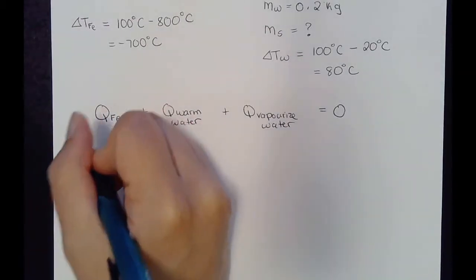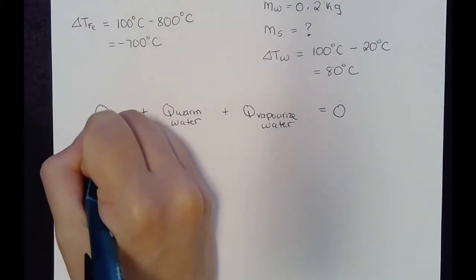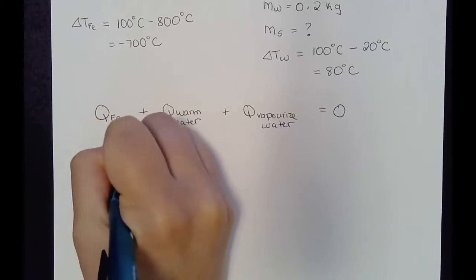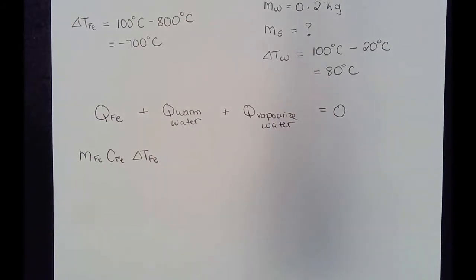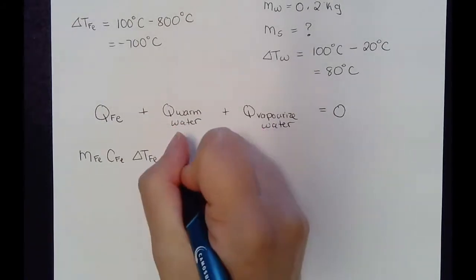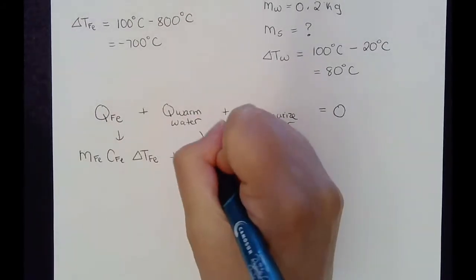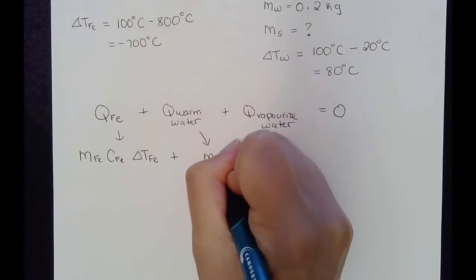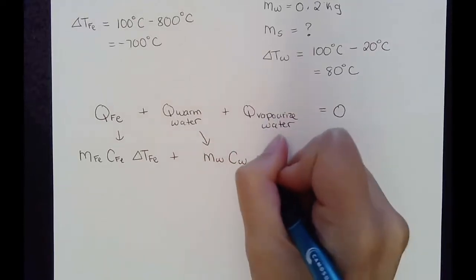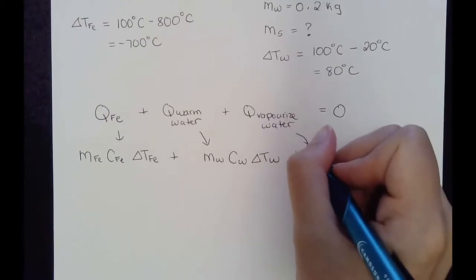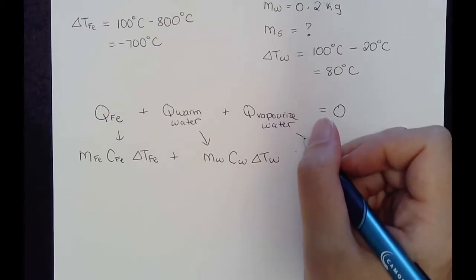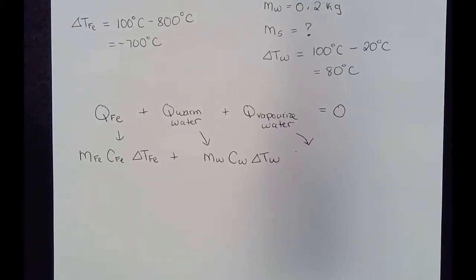So for iron, this is just a temperature change term. We'll have mass of iron, C iron, delta T for iron. I won't expand that since we do know the temperature change. Now to warm the water, we'll have the mass of water, C water, delta T for water. And now to vaporize the water, we need to decide what sign to use and what constant to use.